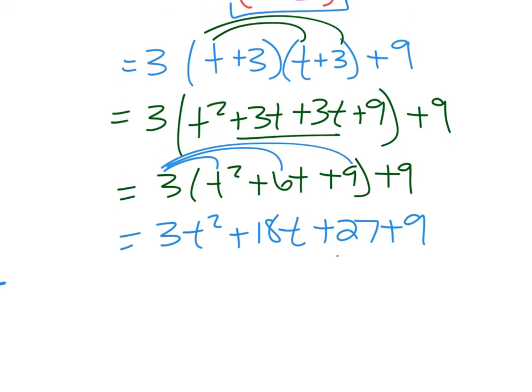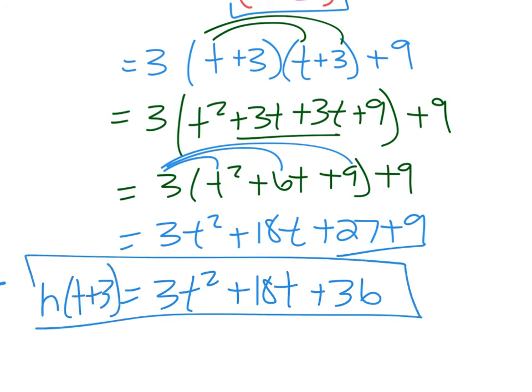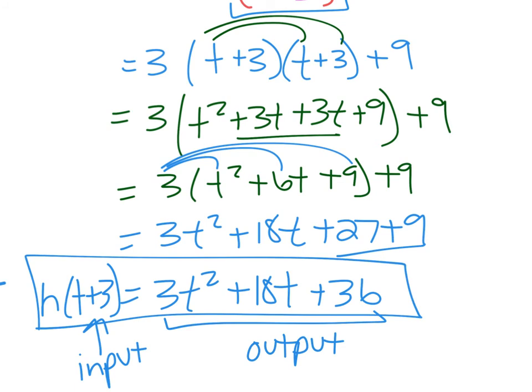So in this case, I can combine my constants at the end to get 3t squared plus 18t plus 36, and this is my h of t plus 3. So it's telling me if I substitute in input t plus 3, the output is this trinomial, which is fine. It's simplified as much as we can. 3t squared plus 18t plus 36.